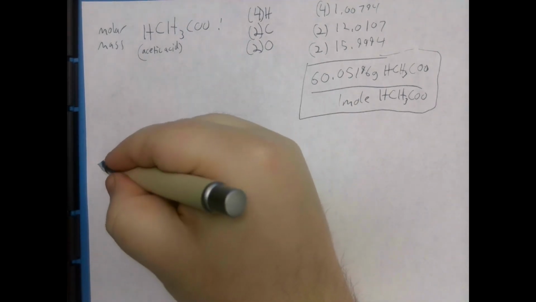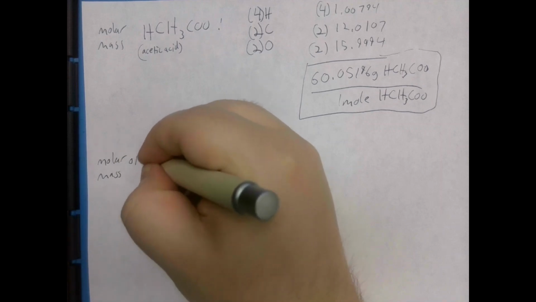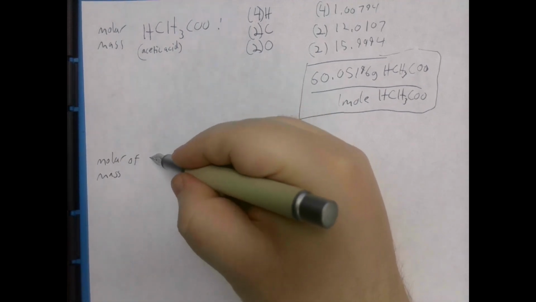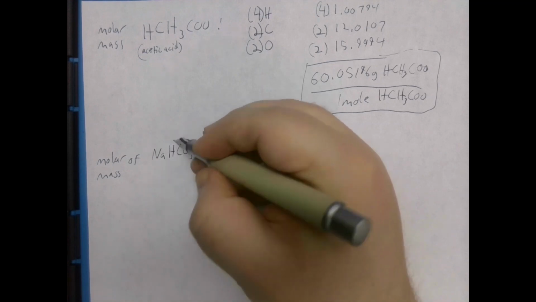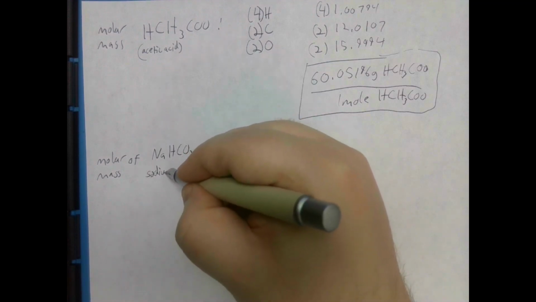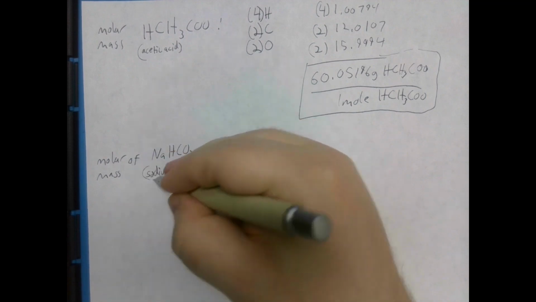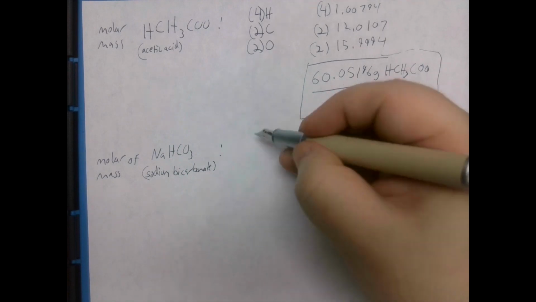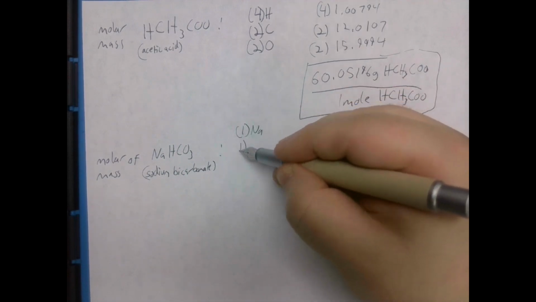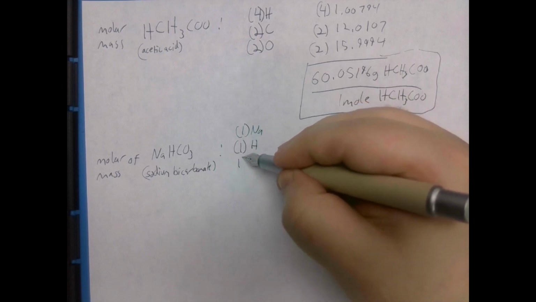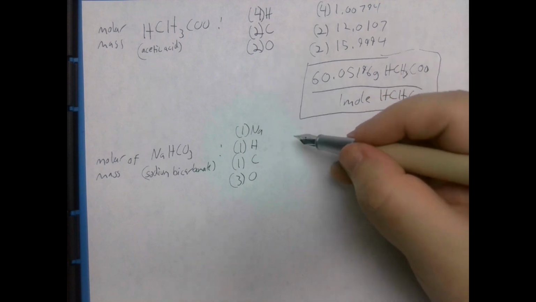Our next chemical, the molar mass of sodium bicarbonate. There is 1 sodium, 1 hydrogen, 1 carbon, and 3 oxygen.